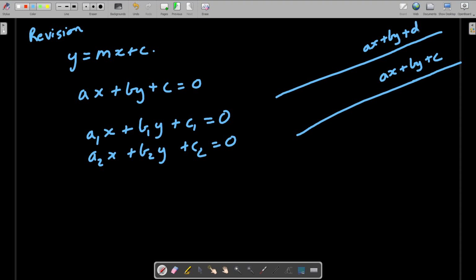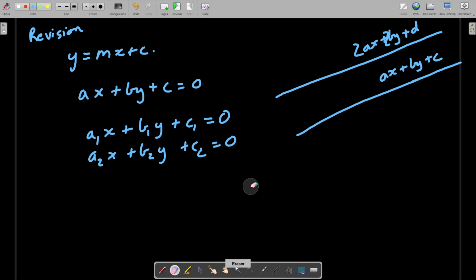This constant will change. If it is the same, then it's basically the same line. You can even take a scalar multiple, like 2ax plus 2by plus d is equal to 0. That will also give you a parallel line, a different line, not the same line.